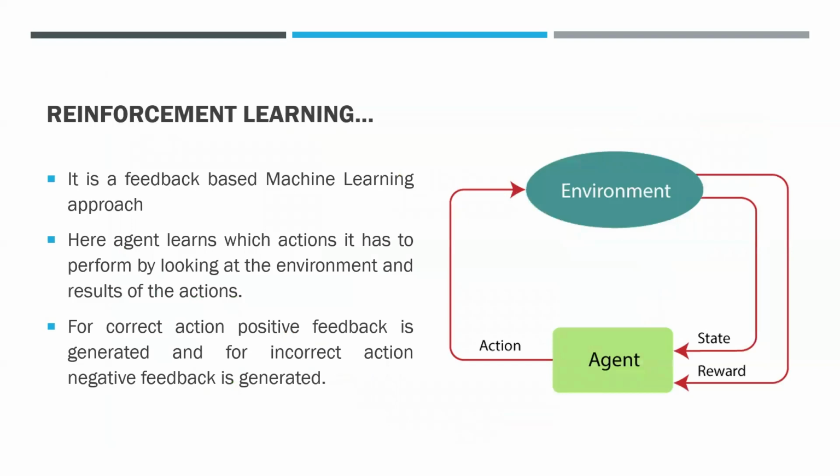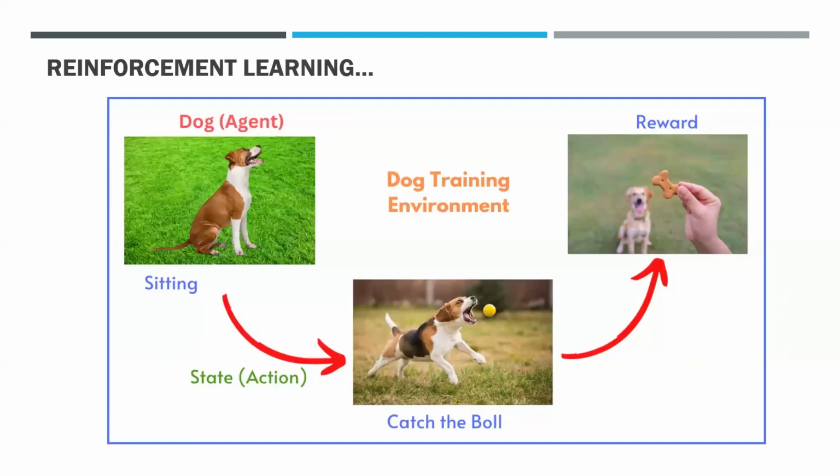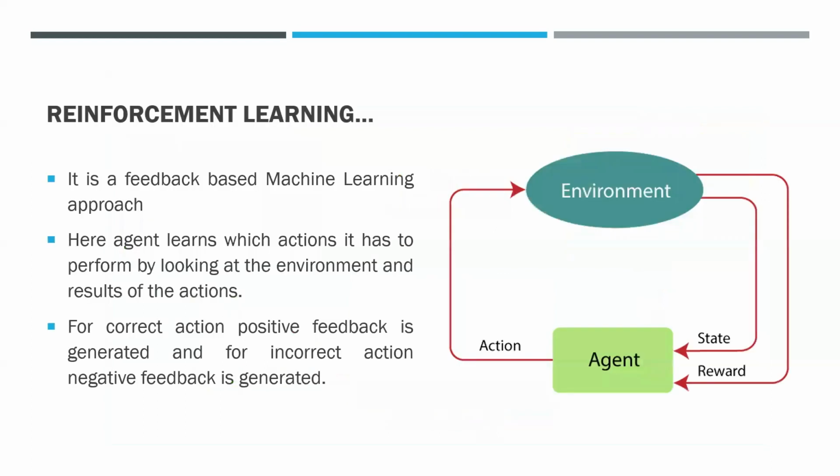This is a real-time example of reinforcement learning. So the environment is there, the agent is there. In the earlier case, your dog was the agent, right? You were throwing the ball, and the dog was catching that ball, and the situation was like that. So the environment observes the action of the agent, and depending on the action of the agent, it is decided to give the reward to that particular agent.